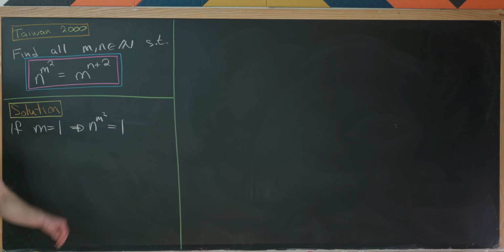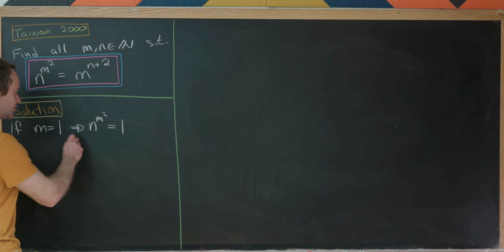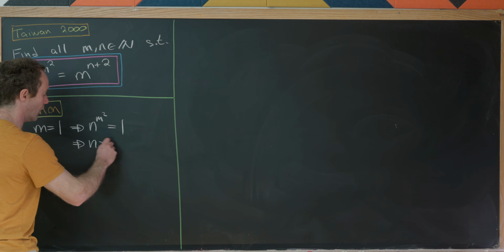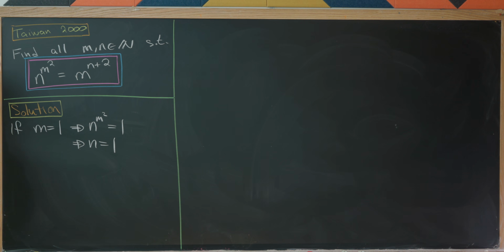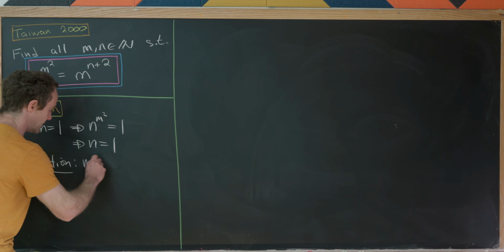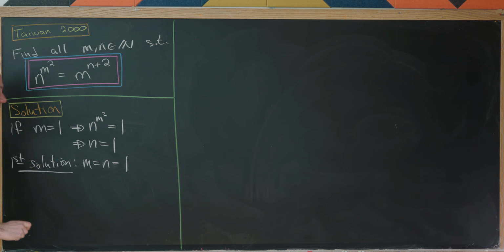But then since we're working over natural numbers, the only natural number that exponentiates to 1 is the number 1. So we get that n is equal to 1. And in fact, you can check that if m and n are both 1, that is indeed a solution. So let's maybe put that here. Our first solution to this equation is the solution m equals n equals 1.